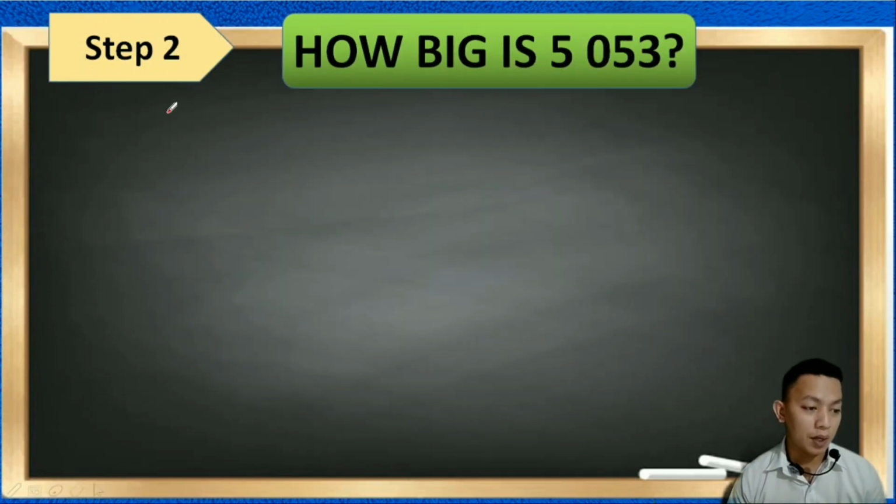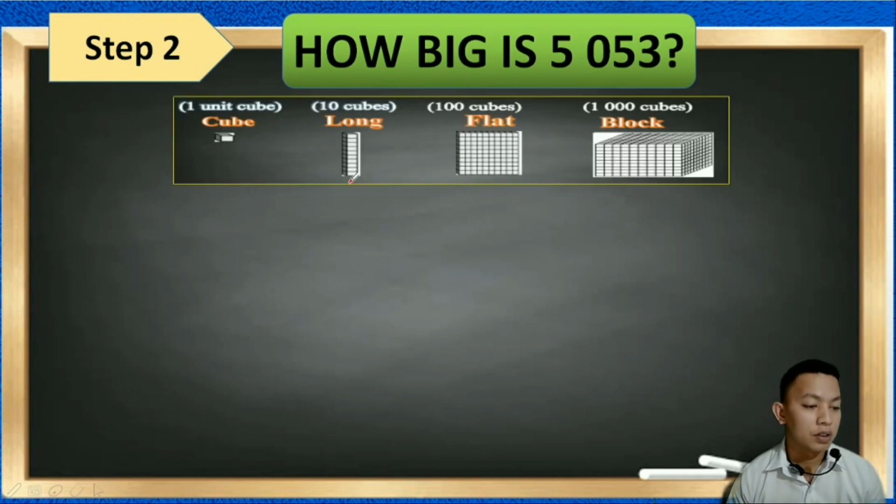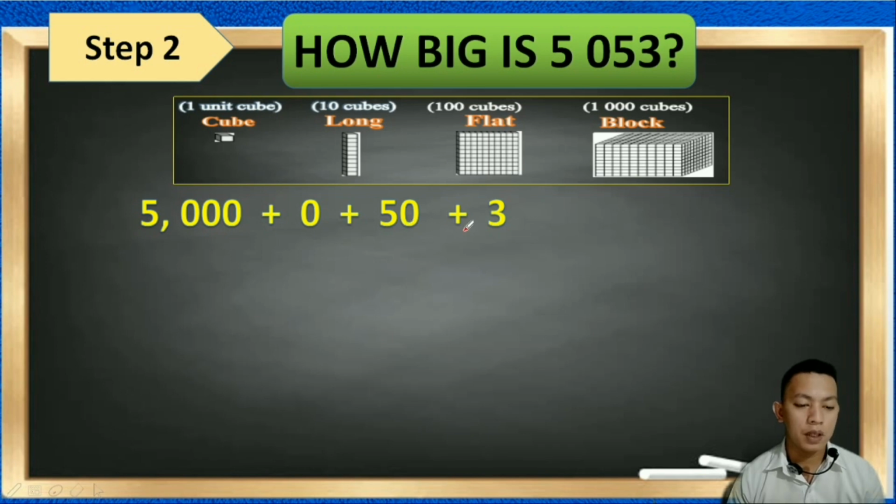Next, step number 2. Show the number of blocks, flats, longs, or cubes that will represent each of the given numbers. So this would be your cube, longs, flat, and block. So 5,000 plus 0 plus 50 plus 3.